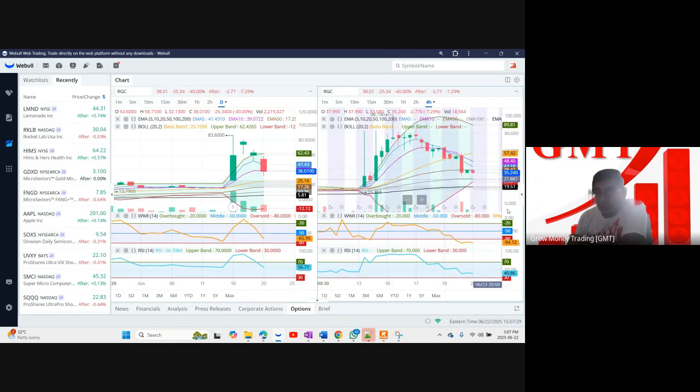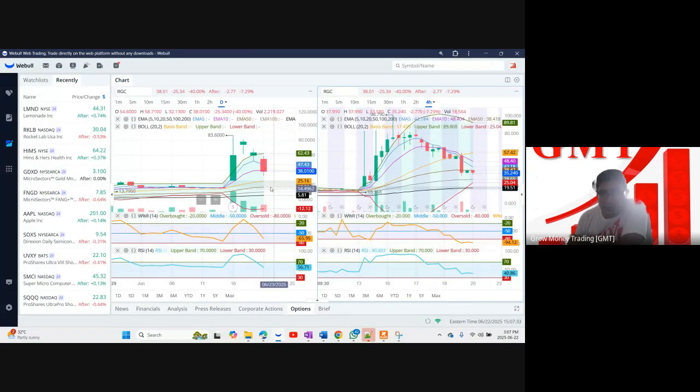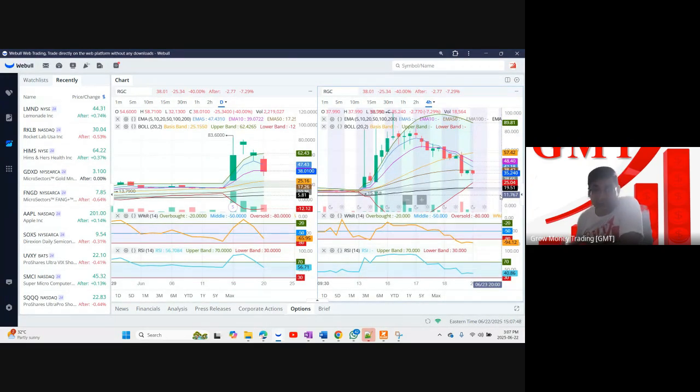The 200 EMA here is at 19.51, and the gap up that it had closes at $17. So there's still downside expected for this stock. I would still suggest to keep this on the watch list.